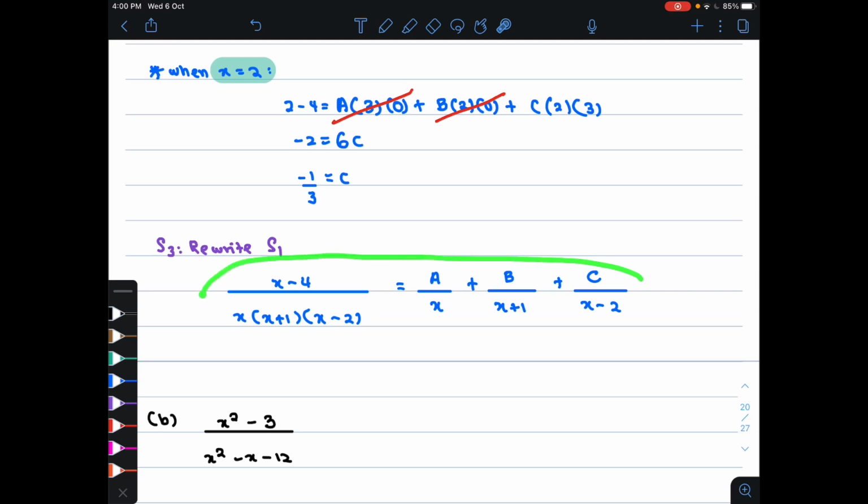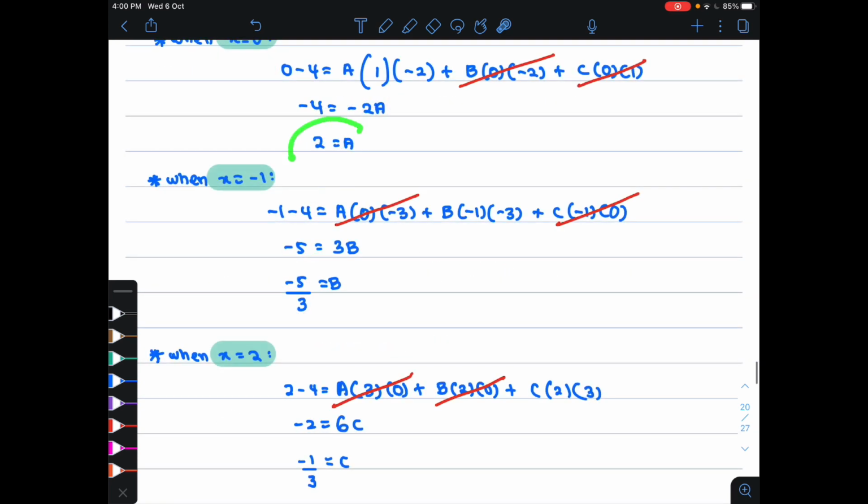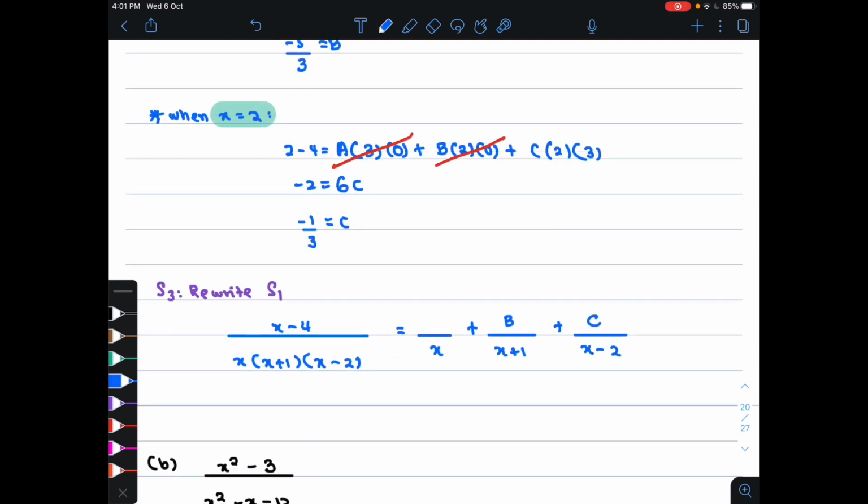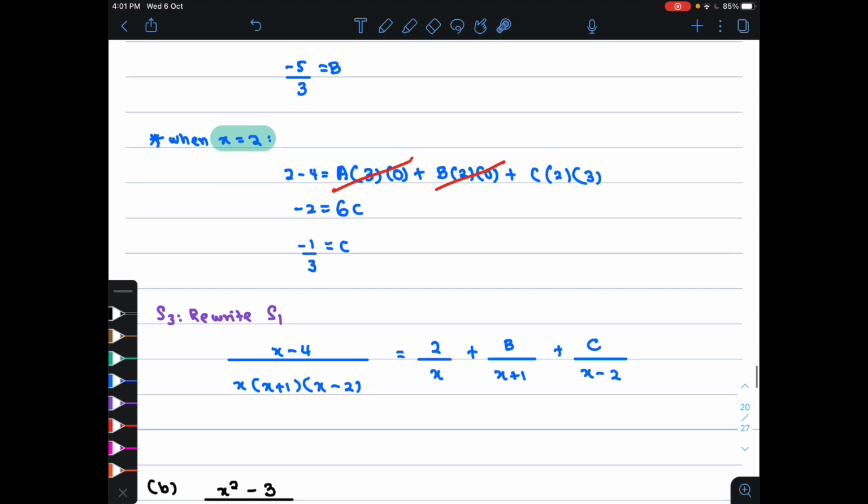This is from step 1. A is 2, B is negative 5 over 3, and C is negative 1 over 3.